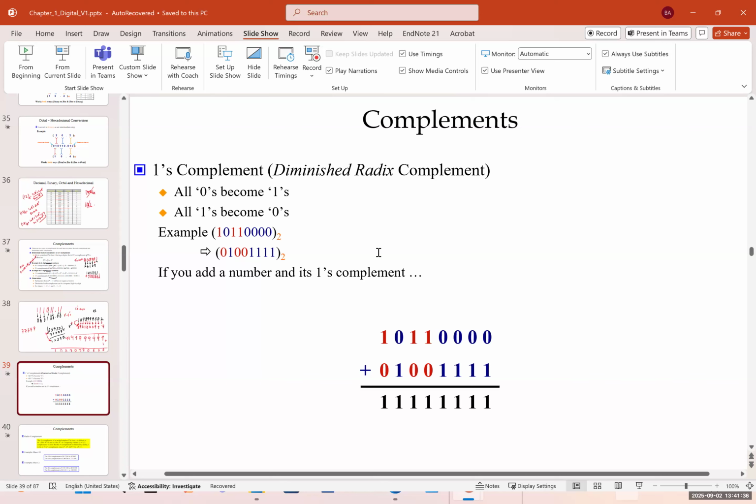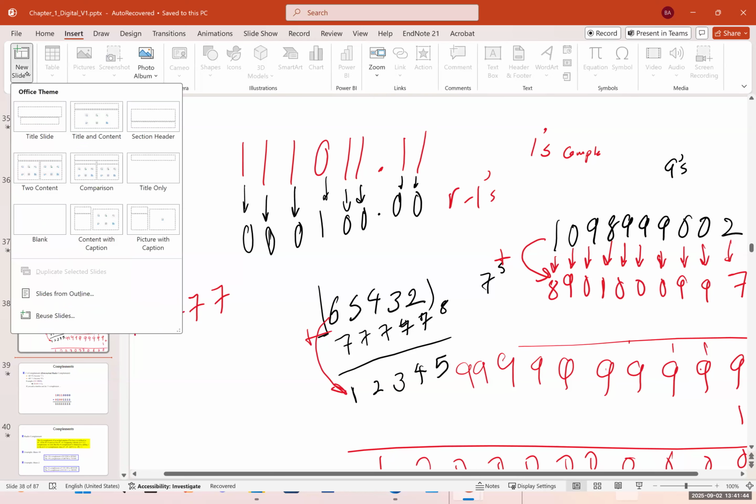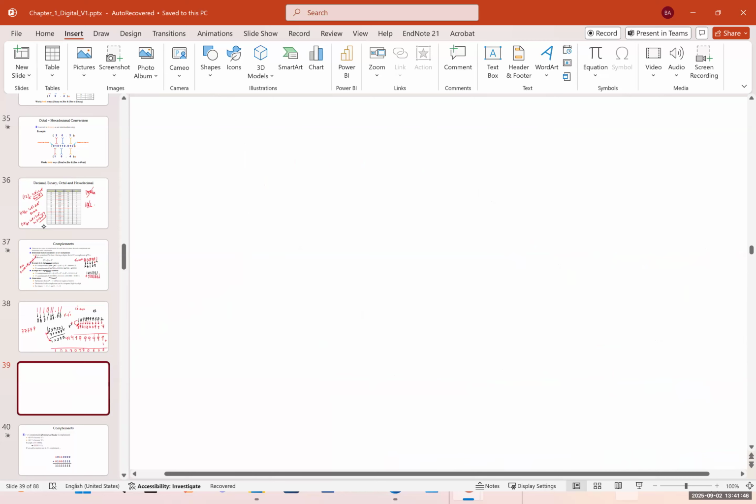Before I start that, I just want to mention something else. The things that we went through so far just work for binary to octal and octal to hexadecimal. You can just do that transition between binary to octal and octal to hexadecimal. You can't do that, for example, on this number.